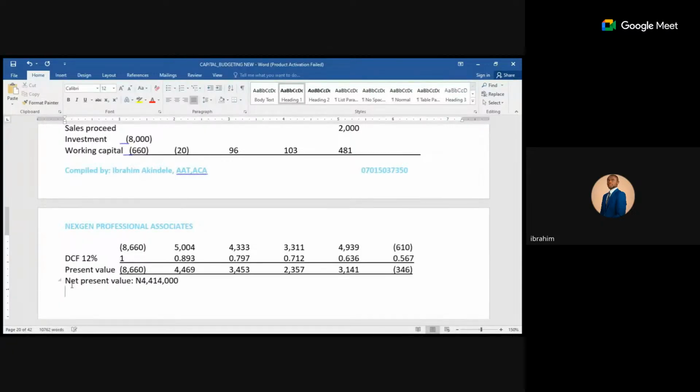So what is the recommendation from the above analysis? We have a positive NPV.